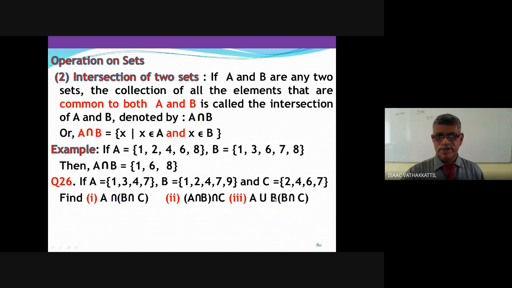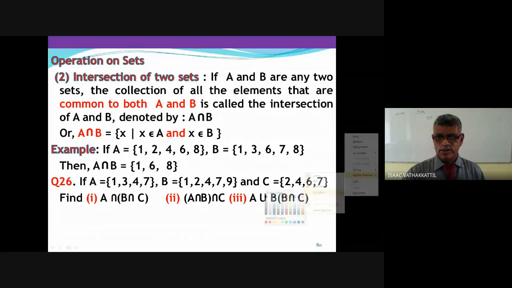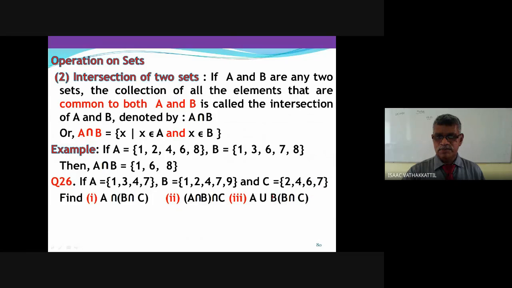Sorry, this is a printing problem. Be careful about it: A union B intersection C. So, are you getting the question clear? First is A intersection (B intersection C).